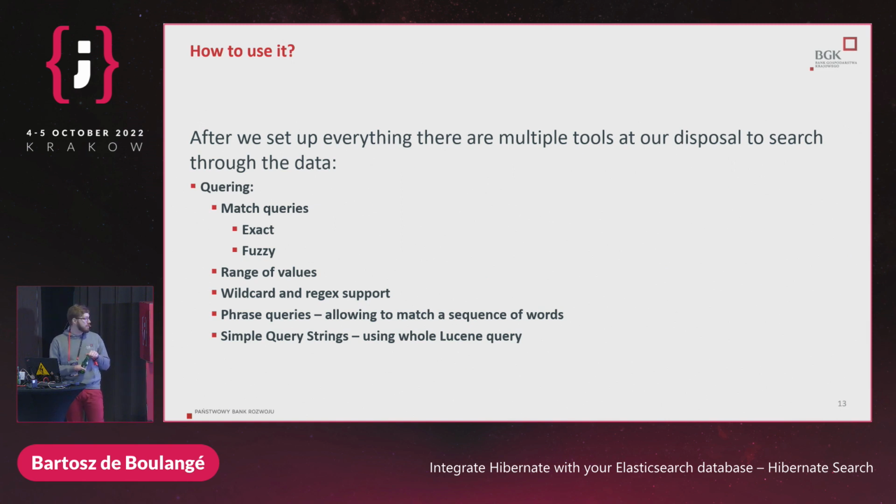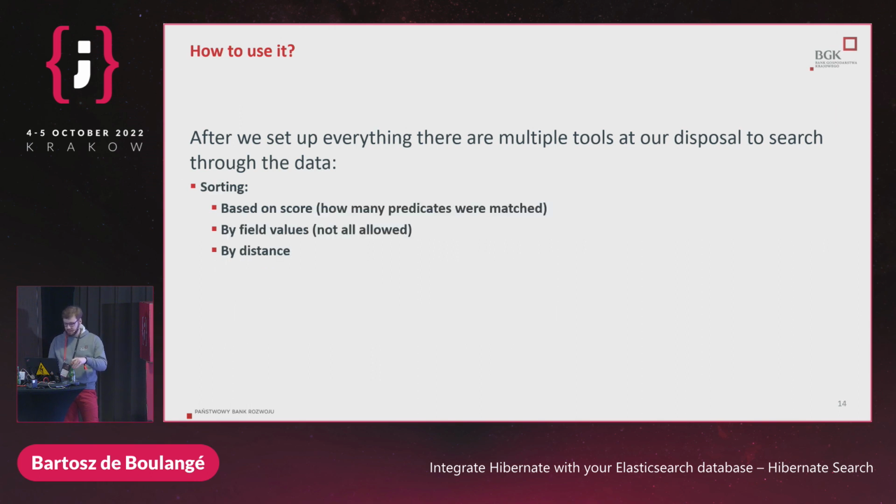Wildcard and regex support is also a nice thing to have, and we can have phrase queries allowing to match a sequence of words. So if we search like in Google 3 words, we'll just get results that match them, so you can do it similarly to the Google style. And let's go.